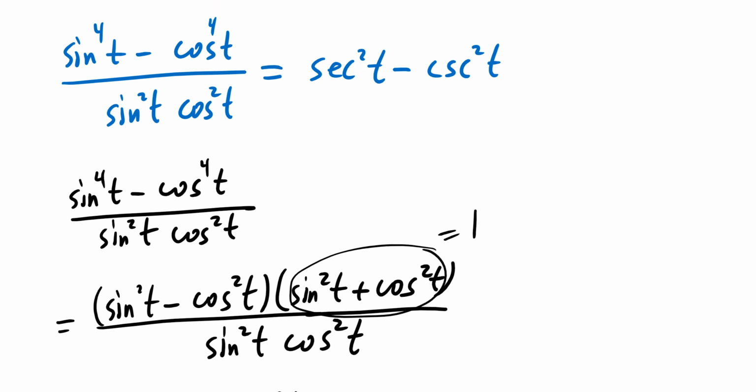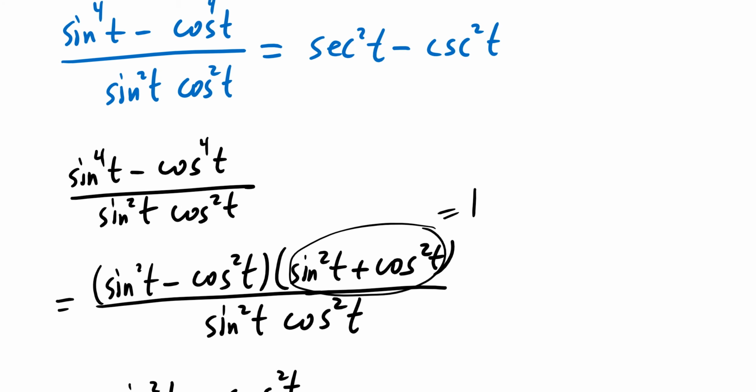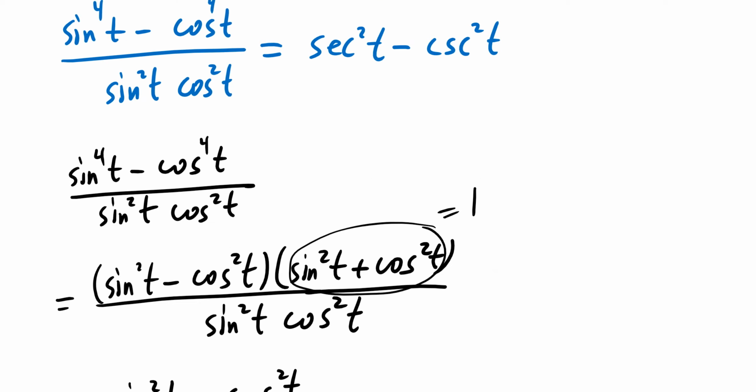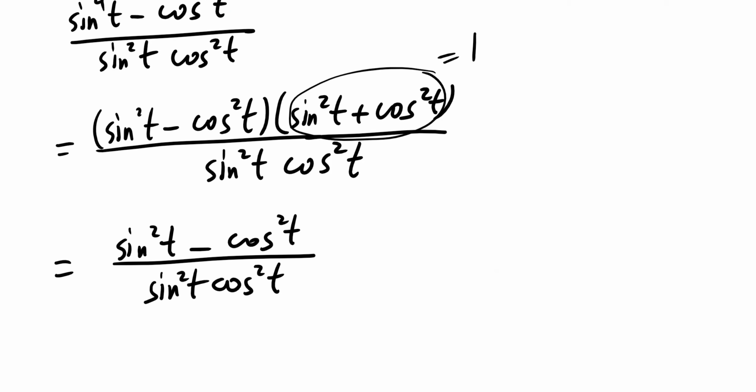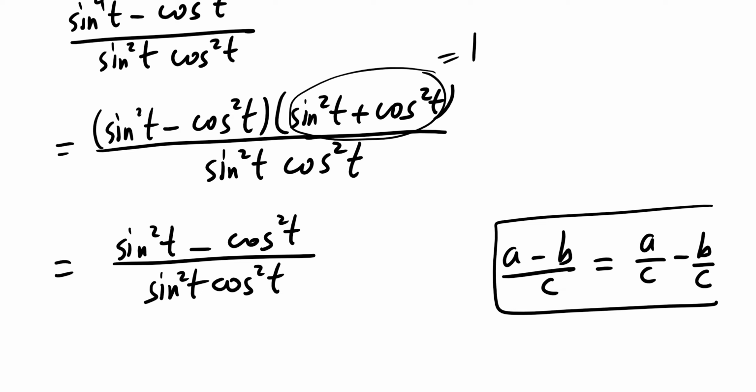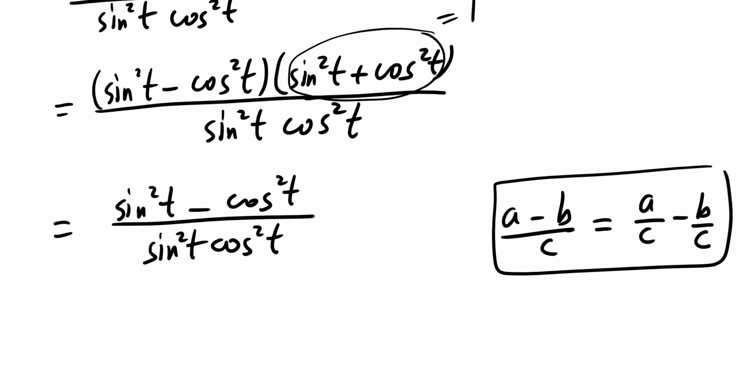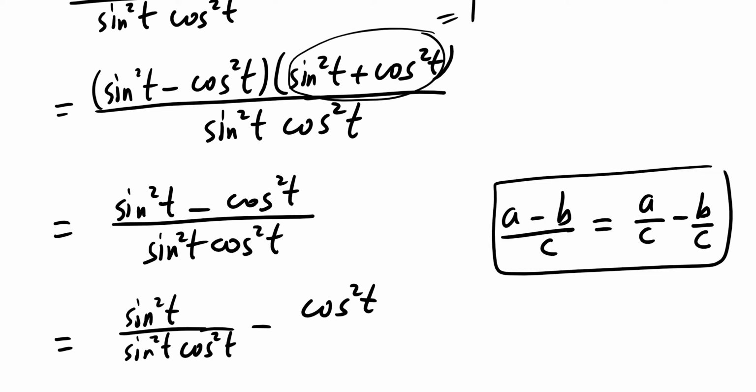Now I'm going to go back, look, I need secant squared minus cosecant squared. So I see something minus something. What we can do is use this algebraic property that says you can split this like so, a over c minus b over c. So here we can do sine squared t over sine squared t cosine squared t minus cosine squared t over sine squared t cosine squared t.